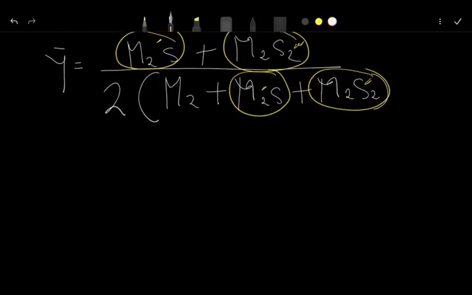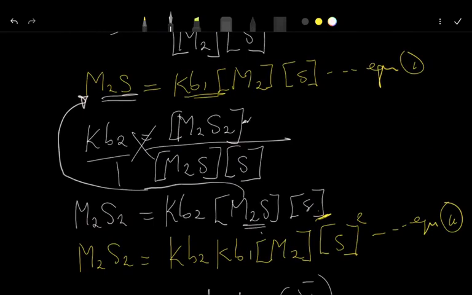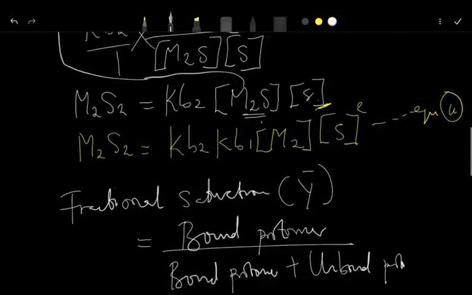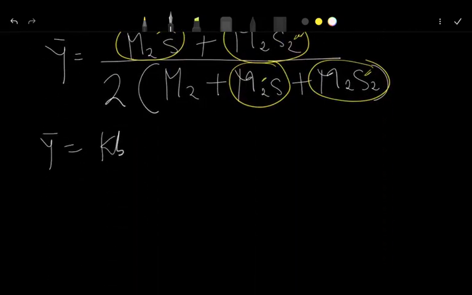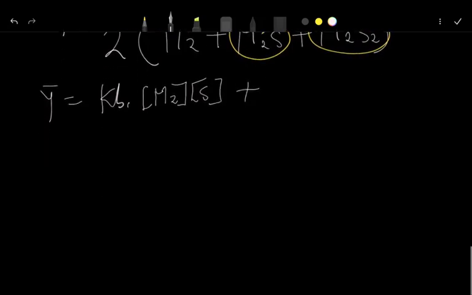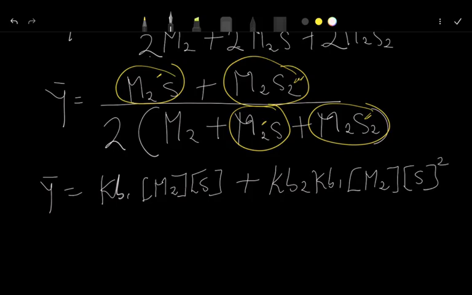So now my y bar is equal to m2s. What is my m2s? Do you still remember? My m2s was KB1, m2, and s. So here we got KB1 in bracket m2 in bracket s, then plus m2s2. m2s2 that time was KB2 KB1 m2 s squared. If you scroll up, you will see it.